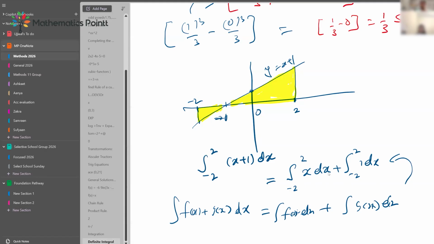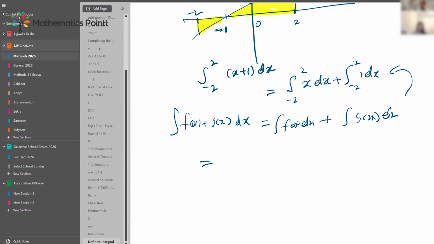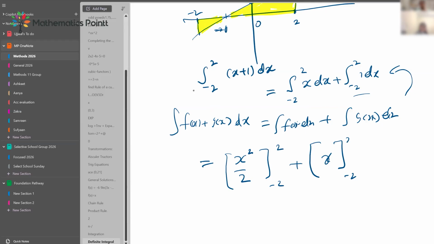Okay. So what is the integral of x dx? x squared over 2, between -2 and 2. Correct? And what is the integral of dx? Just x. Right? From negative 2 to 2. Is that clear so far? Everyone's fine, right? Now, let's plug it in.